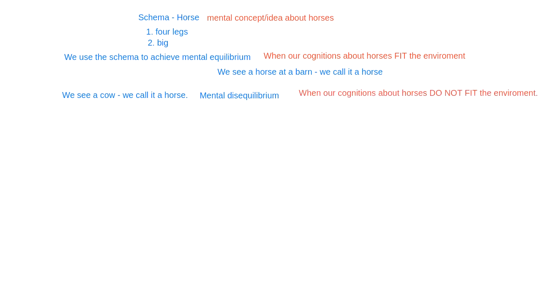So we're kind of at a standstill here. So we want mental equilibrium because it feels nice. So we don't want disequilibrium. So we got to do one of two things.